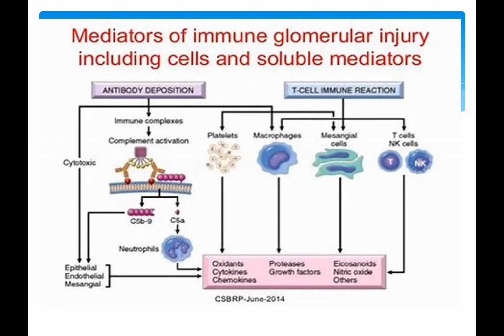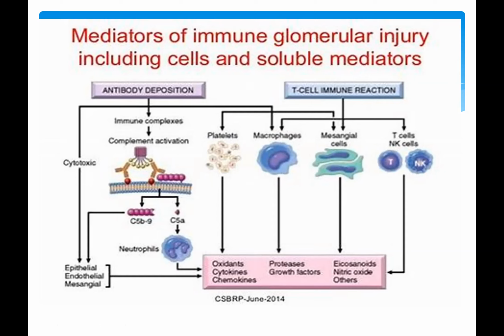You have resident glomerular cells, particularly what we call mesangial cells. They can also be stimulated to produce inflammatory mediators, including reactive oxygen species, cytokines, and chemokines. By complement activation, you are expecting that it will lead to the formation of C5b to C9.